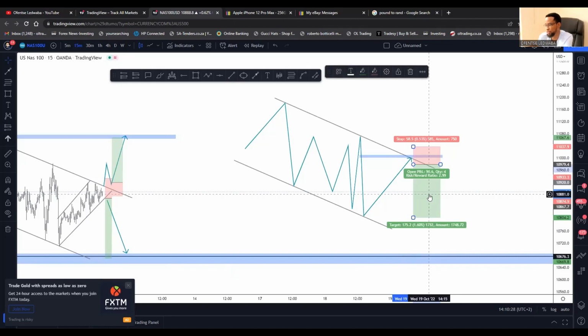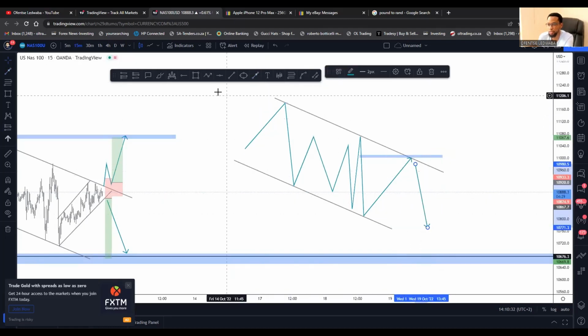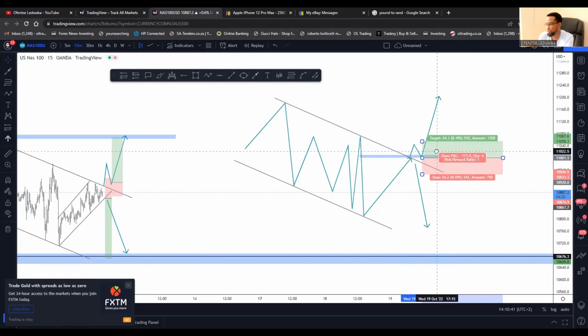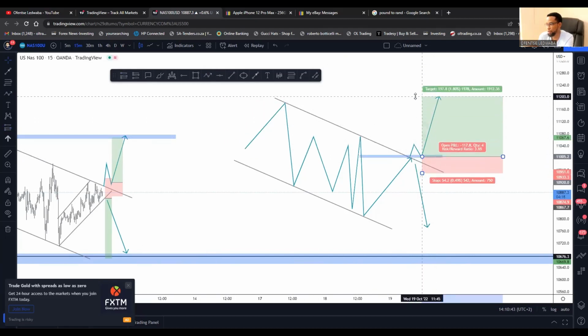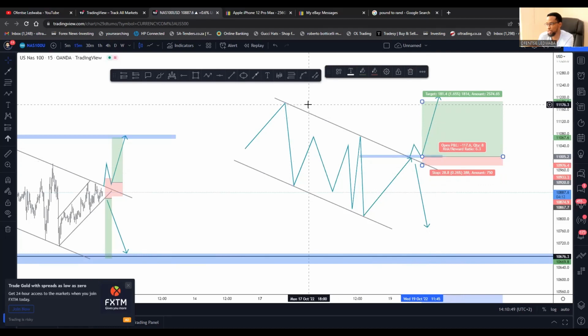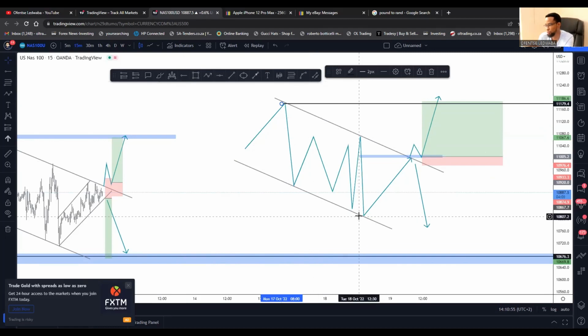But should we fail to shoot to the downside like I anticipate, as you know, this will give me much information to buy, because I can see we have broken and then now we are retesting that specific zone and then we're taking it all the way here. This one, TP.